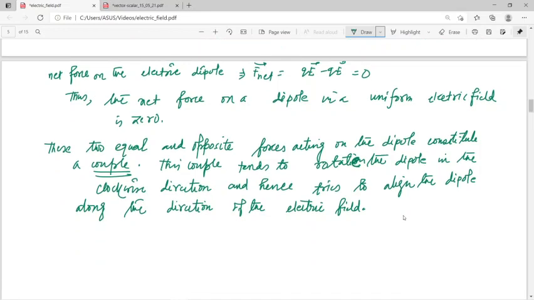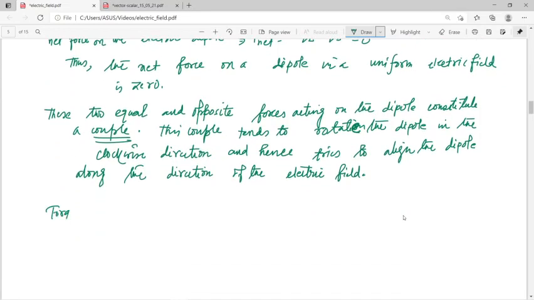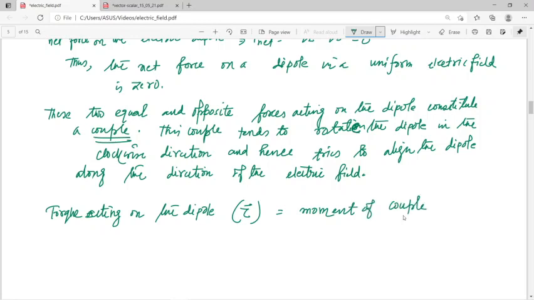So what is the definition of torque? The definition of torque is always fixed. The torque acting on the dipole is nothing but the moment of couple, which is the magnitude of either force multiplied by the perpendicular distance between the two forces.